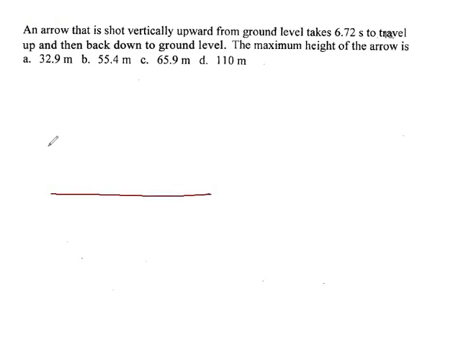We have ground level. An arrow starts out down here, goes up for a while, tops out, falls back down. And they say it takes 6.72 seconds to get back to the ground. And they want to know how high it was up here.